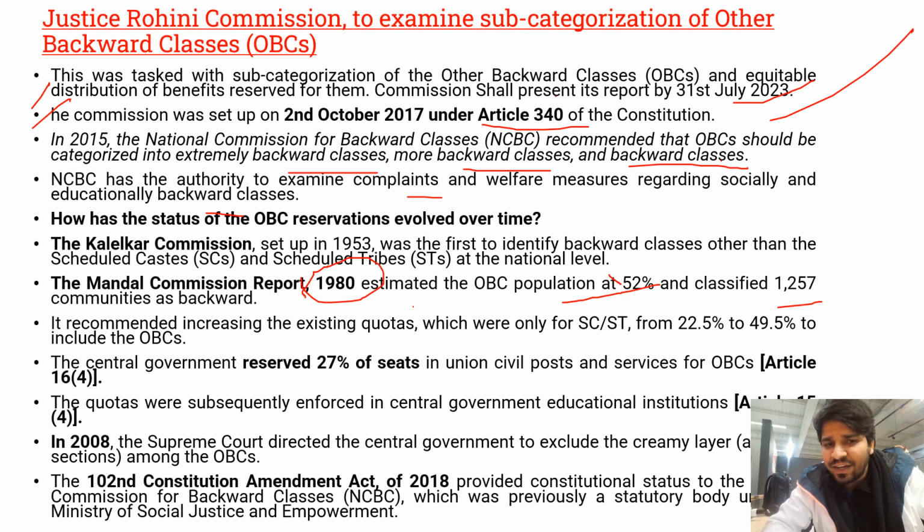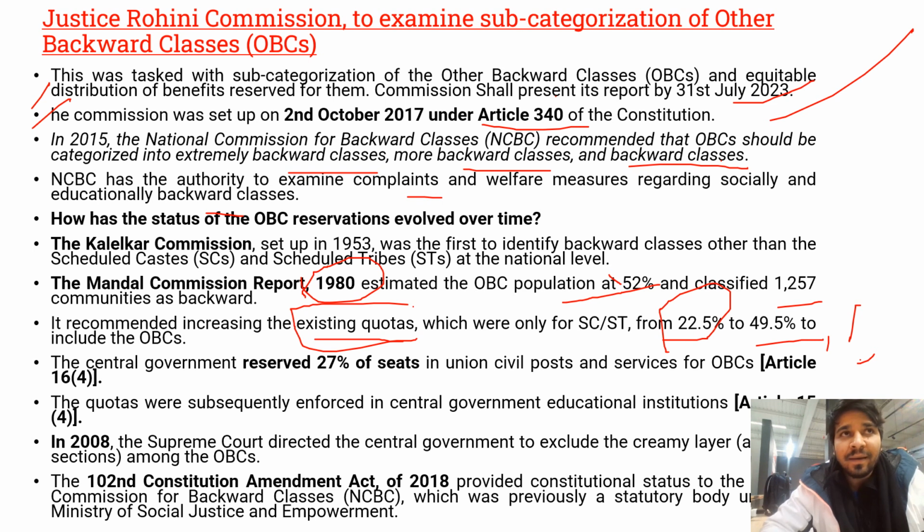It recommended increasing the existing quotas, right? At that time the quota was 22.5%, and it was to be raised to approximately 50%, which is also the limit put by the Supreme Court in the 1991 Mandal Commission case, right?